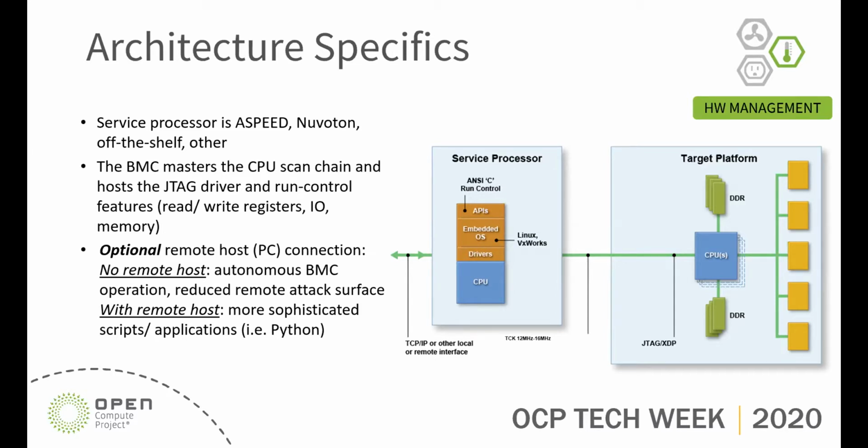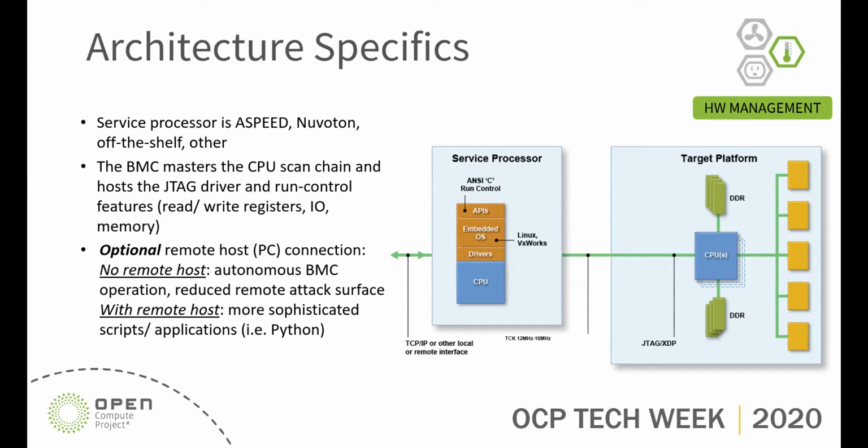There's an optional remote host, back to that TCP/IP or other local or remote interface, the green arrow at the left. That is certainly optional. With no remote host, the BMC acts autonomously, and the JTAG and run control APIs are available on the BMC for the BMC to initiate itself.